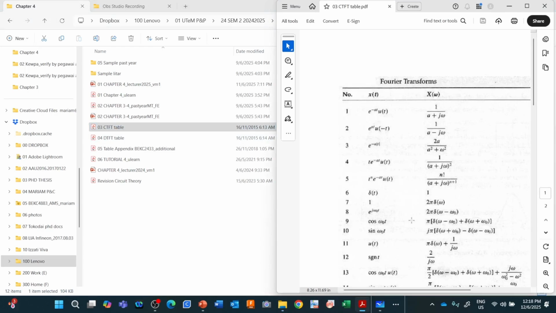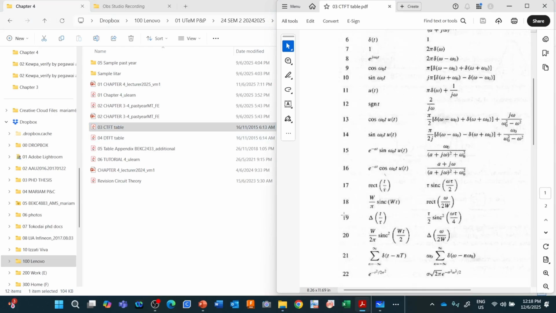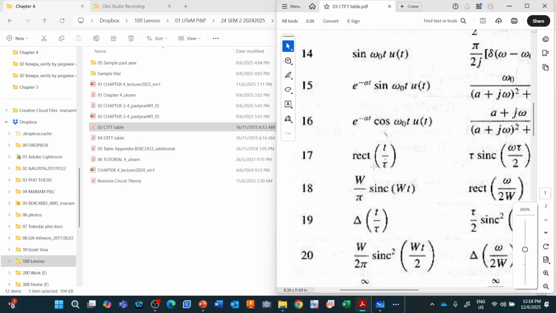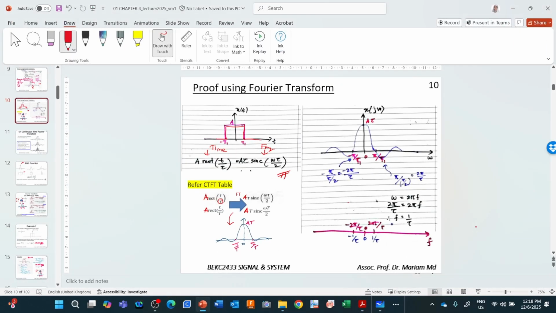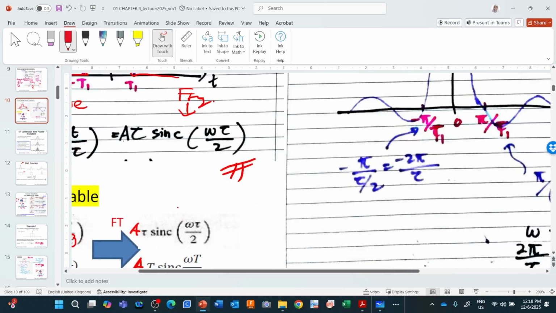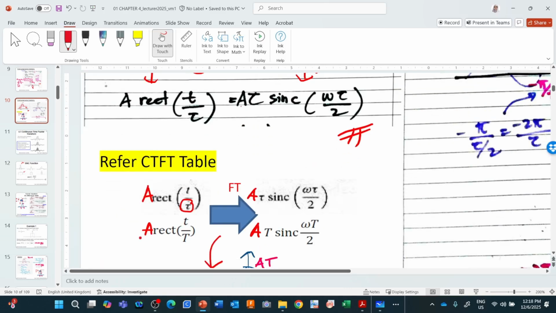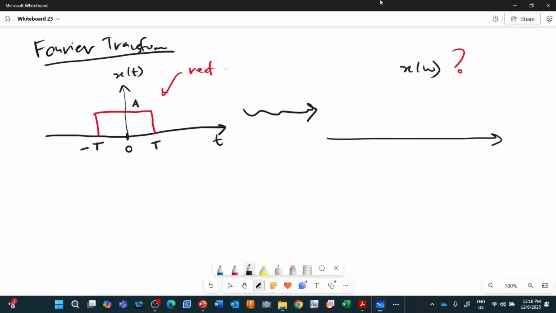Continuous time, this one. Look at this rectangular t over tau, which is in my notes. It's rectangular t over tau, or capital T. It's very hard to say t over t because it's t and T, so that's why I normally say it as t over tau.